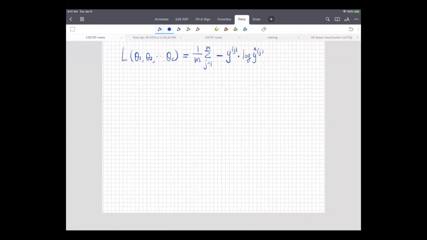And that will be my overall loss function for the entire collection of training data I have. So it's very concisely written in this way. That's the negative log likelihood, or cross-entropy loss.